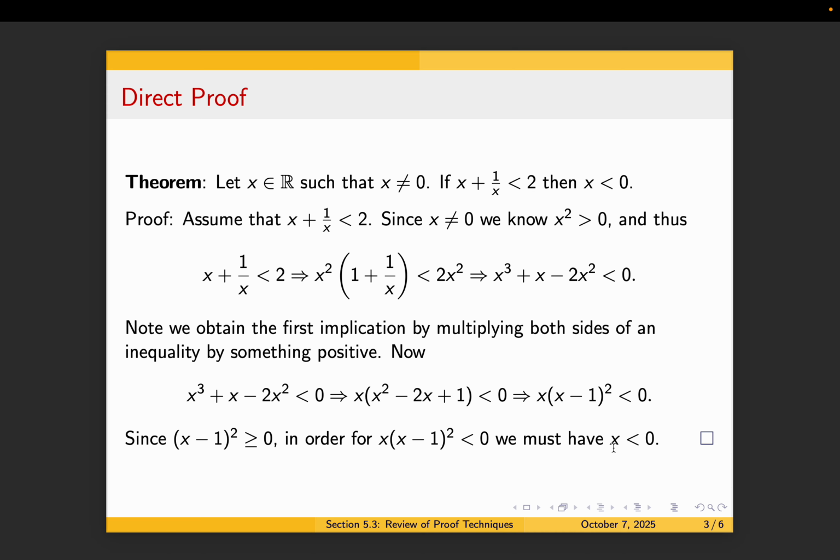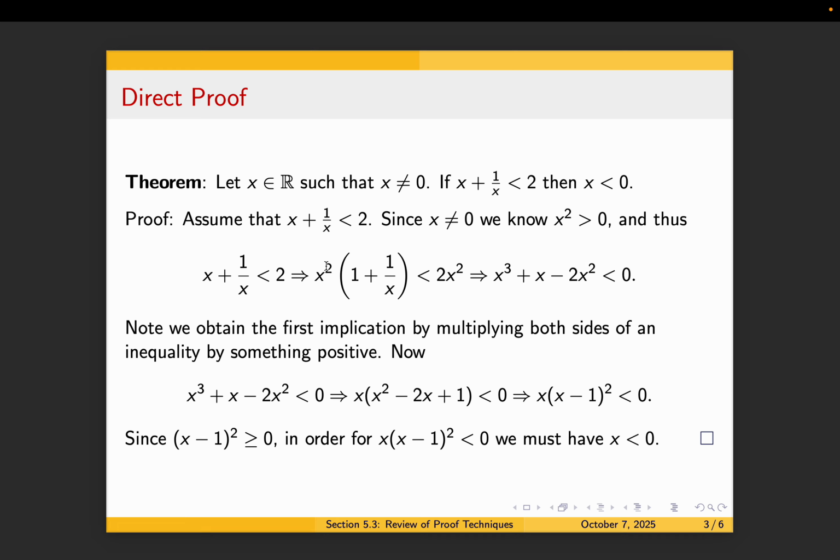I partially wanted to show you this just because there is some creativity involved here. So, thinking to multiply both sides by x squared, that might take some scratch work. When you look at the original inequality, you see this 1 over x, and you might say to yourself, oh, that 1 over x, that's pretty obnoxious.